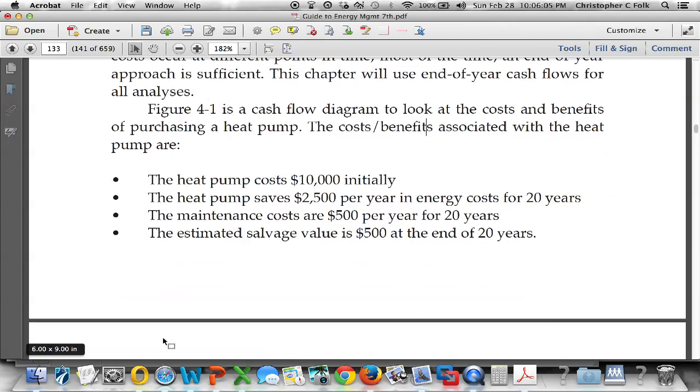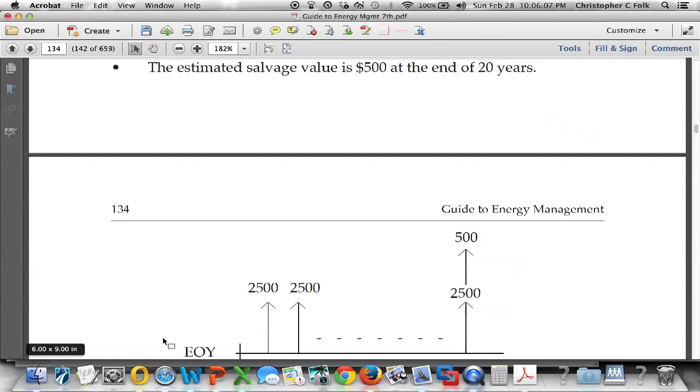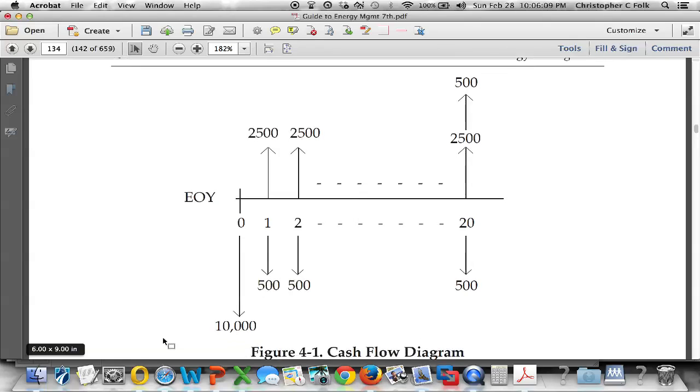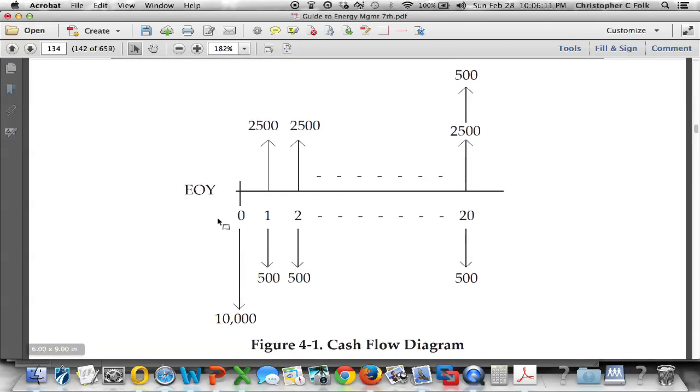And on the next page, they're going to show us a graphic representation called a cash flow diagram, showing the expenses going in the negative direction and the energy and the amount of money that can be saved going in the positive direction. And so somehow we have to be able to calculate the overall value. And this is a very simple diagram that could be used to explain why this may or may not be a good idea.